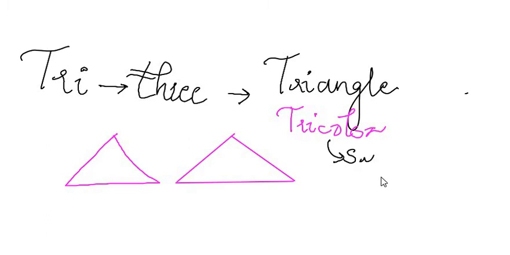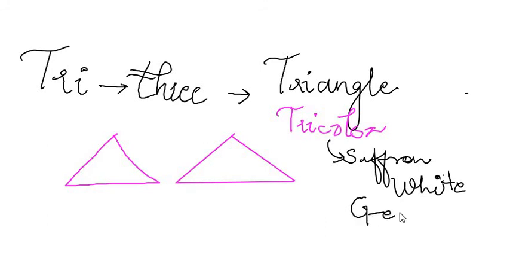First saffron, then white, with the chakra in between, and then the green. So you basically know that, right? Okay, so three colors are there. That is why we say that our national flag is tricolored. Okay.